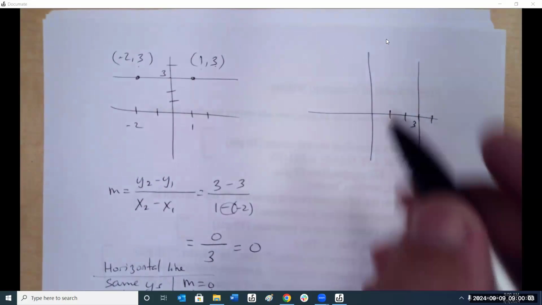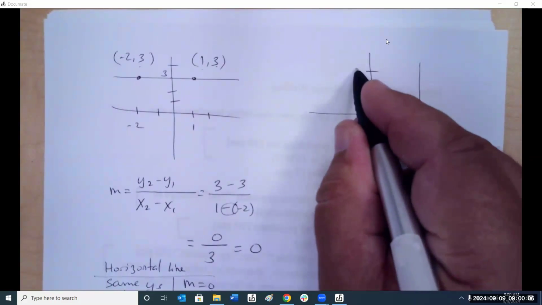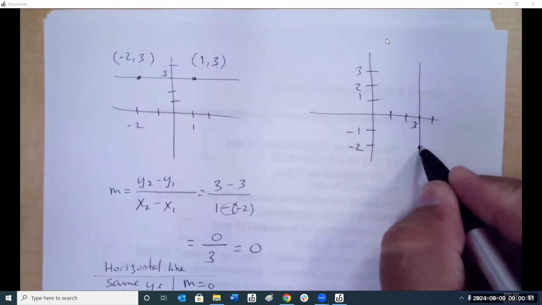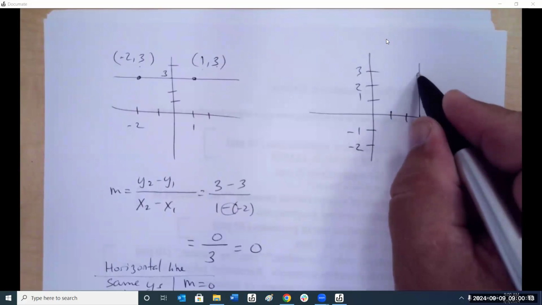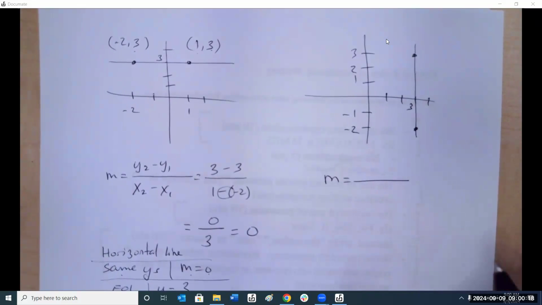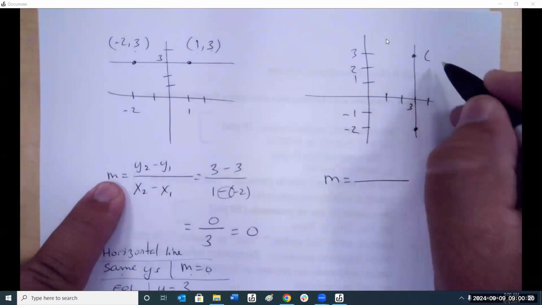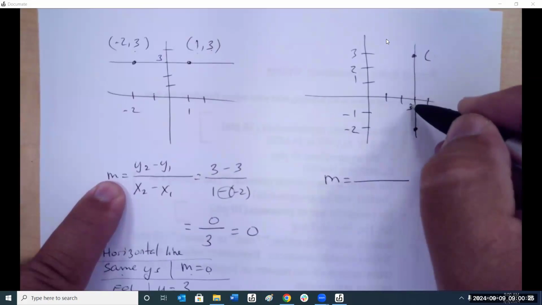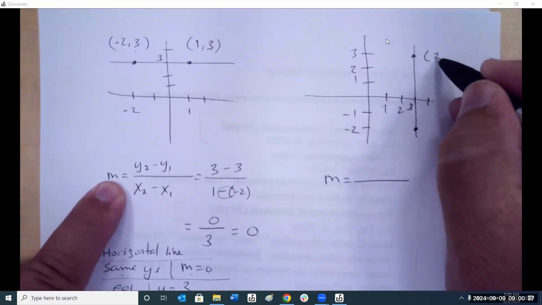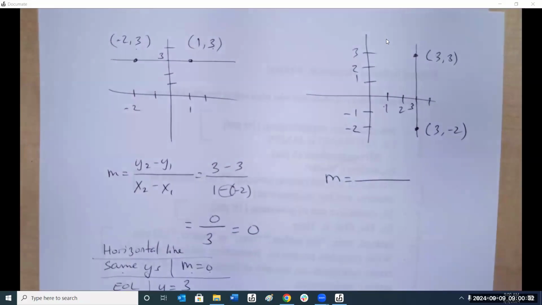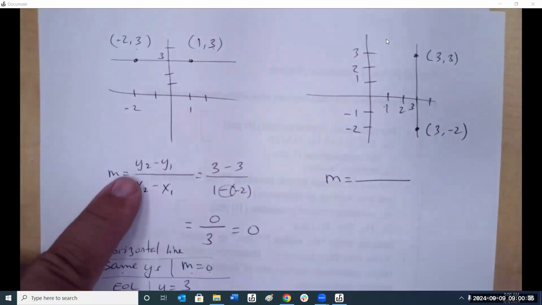Let's look at vertical lines. What's the slope of this one? What are the locations? 3, 3 and 3, -2. So what's y2?